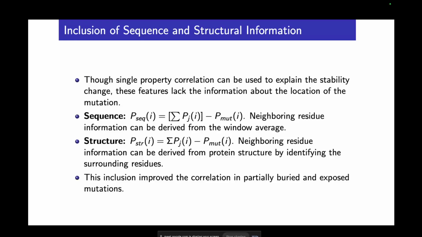Though a single property correlation can be used to explain stability change, these features lack the information about the location of the mutation. So you have a wild type sequence and you have a mutated sequence. I think you remember how we calculated differences. We did not look at a single amino acid. We looked at a region of 20 amino acids.